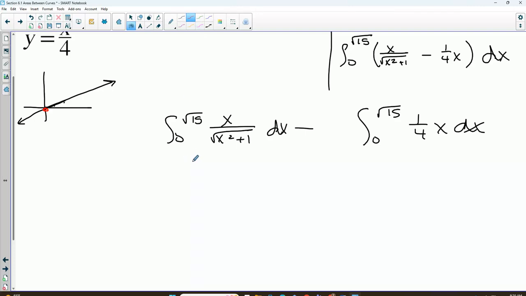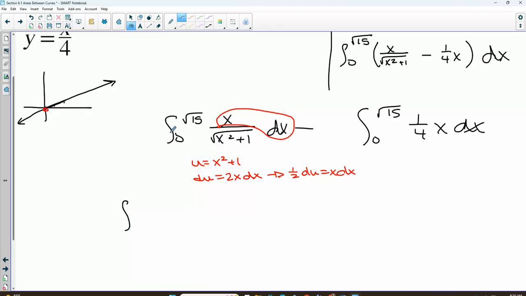What did we take our last quiz over? So our u would be x squared plus 1. du is 2x dx. We need the x and the dx, not the 2. So 1/2 du is x dx.